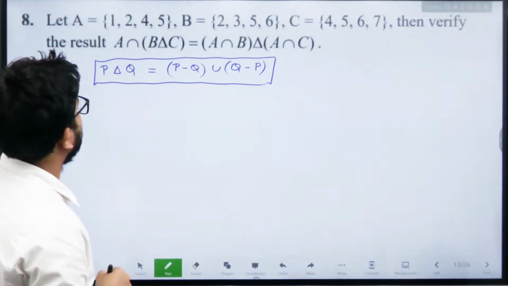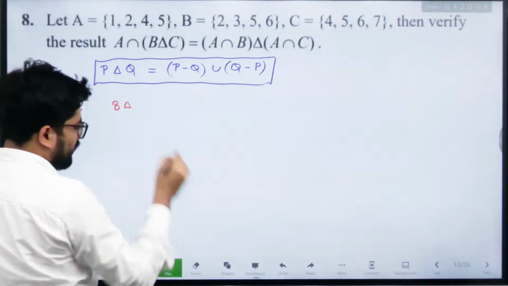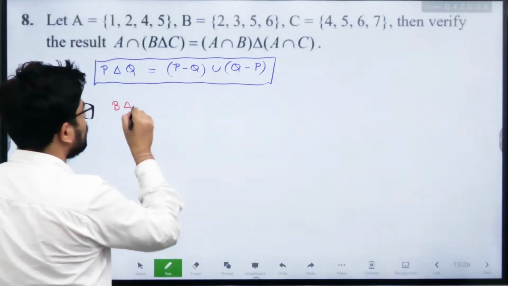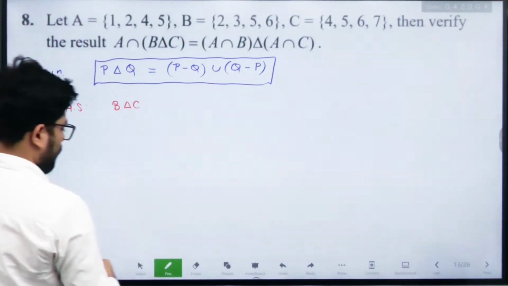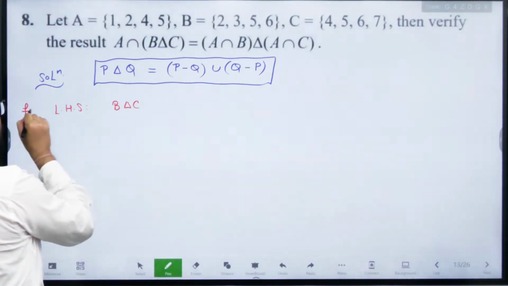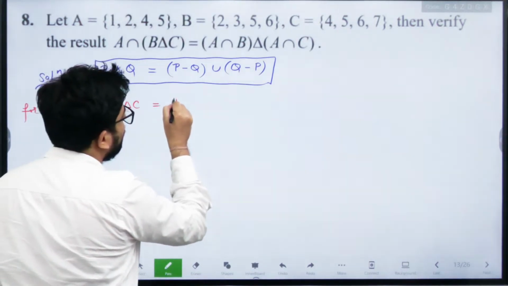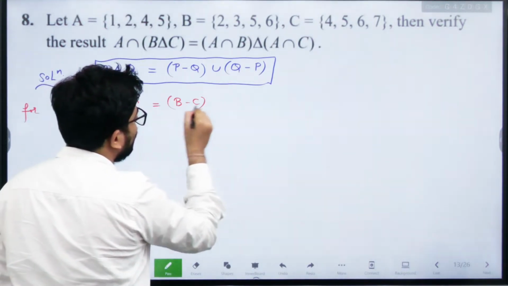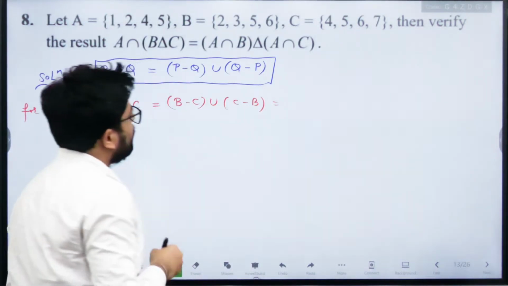Left hand side. So first of all, calculate B delta C. For the left hand side, calculate B delta C, that is B minus C union C minus B. So B minus C is what?